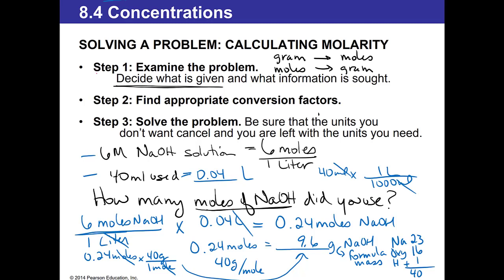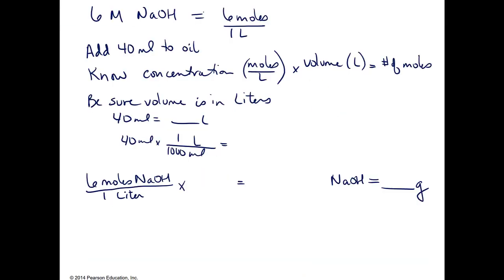So in each one, always try to figure out, okay, what do I have and what do I want to know? Do I have all my units in the same form? Are my volumes the same so that they can cancel? And then in solving, you should see that units cancel as you go through. So I got that one.